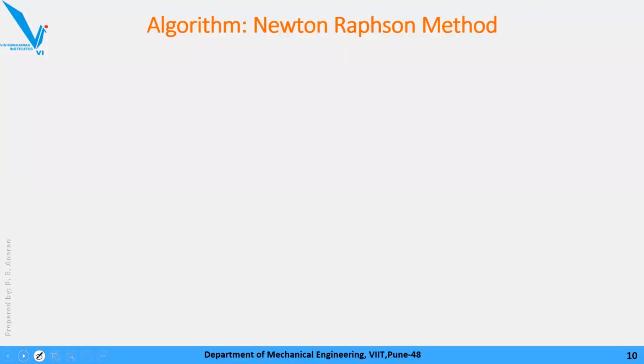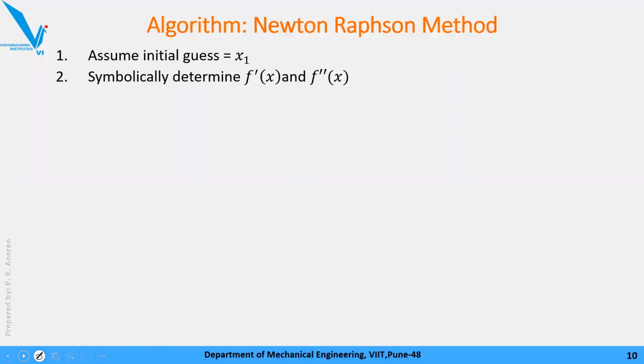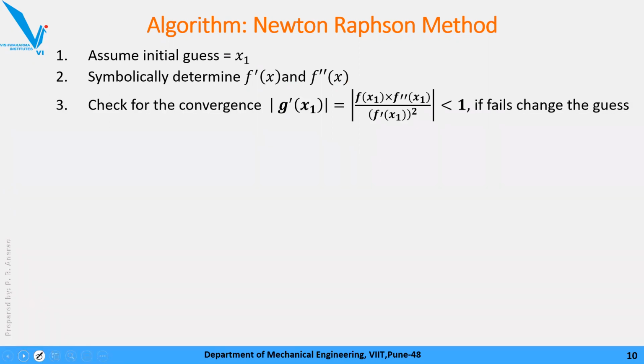Step number 1, assume the initial guess, then find out. Here we needed the derivative for the convergence check, so whatever f of x you have, you have to find its derivative, the first derivative and the second derivative. So symbolically determine f dash of x and f double dash of x, then evaluate all those things, put all that data into the convergence criteria. Check if your guess is correct.